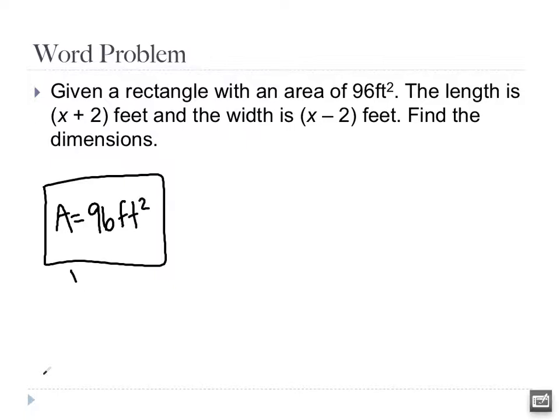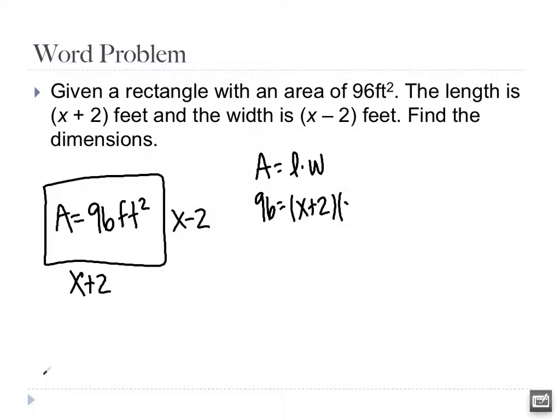The length is x + 2. The width is x - 2. Find the dimensions. In a rectangle, area is length multiplied by width. Our area is 96. The length is x + 2. The width is x - 2.